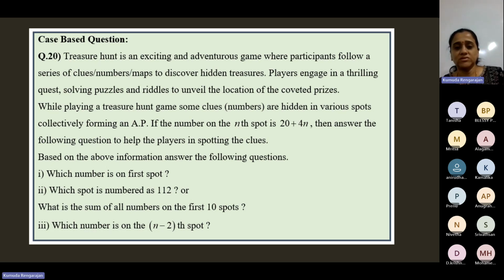Don't write the passage, just write the end. Okay, fine, write: nth spot is 20 plus 4n. Fine, write it first.